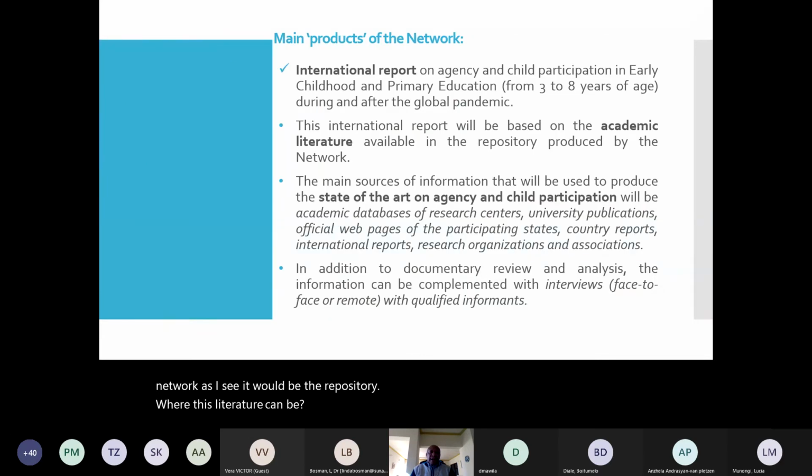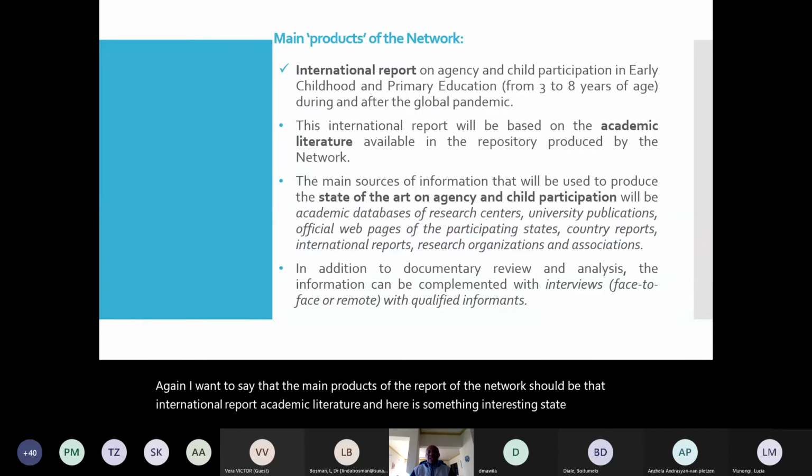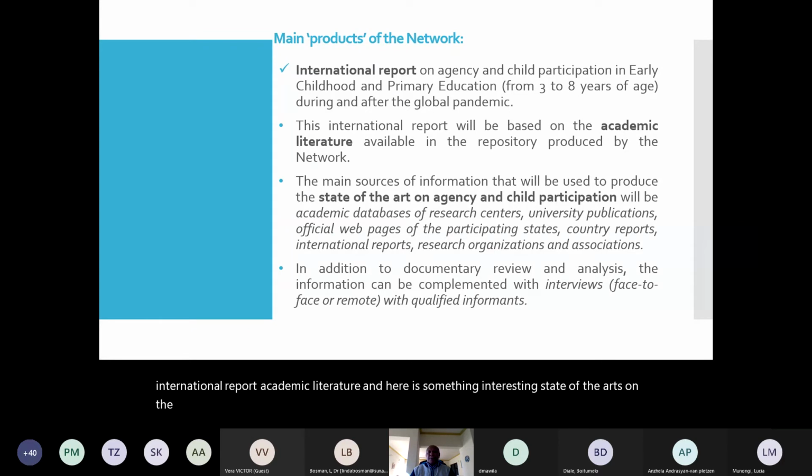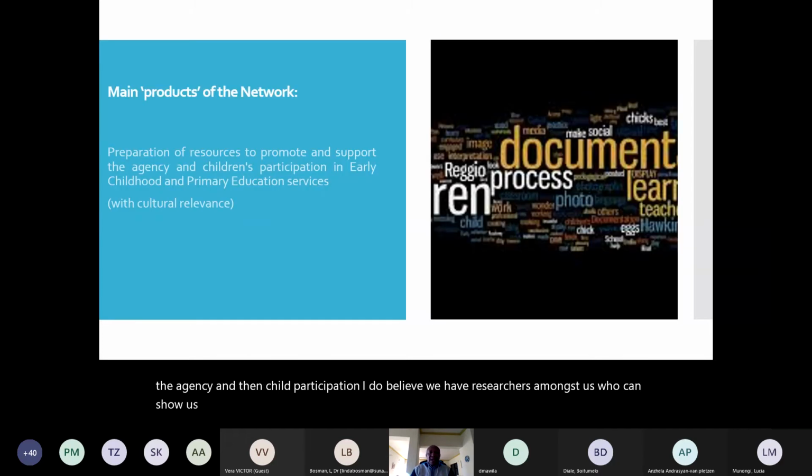And again, I want to say that the main products of the report or of the network should be that international report, academic literature. And here is something interesting, state of the art on the agency and child participation. I do believe we have researchers amongst us who can show us what the playing field is like.